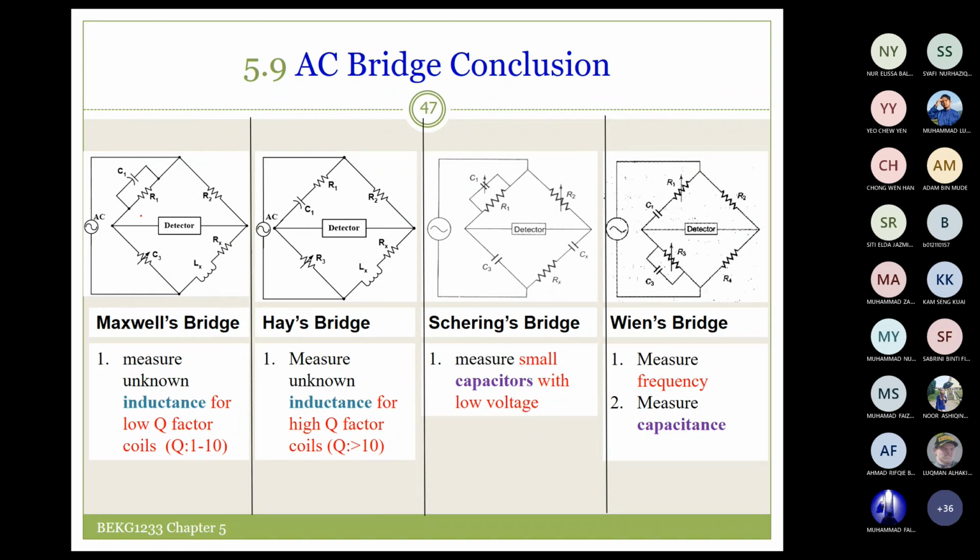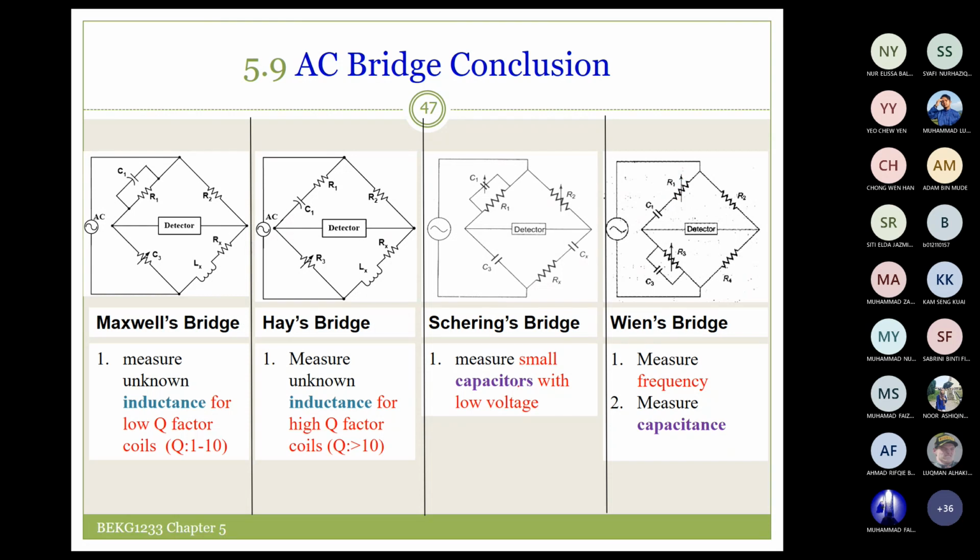For example, if you see the Z1 here is parallel with the C1, or in the Hay bridge it is a series. Also, R1 and C1 are in parallel, but this one is adjustable, while this one is in series.